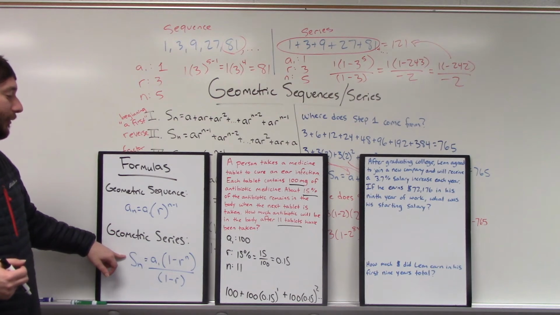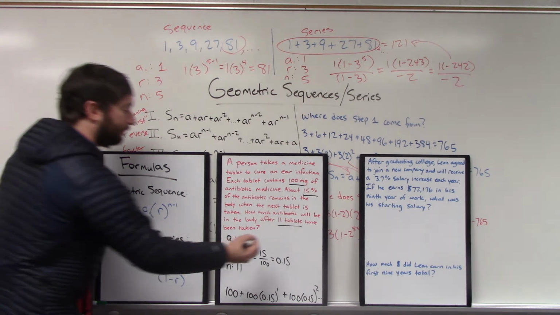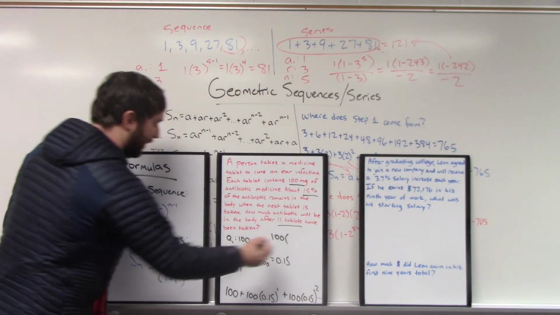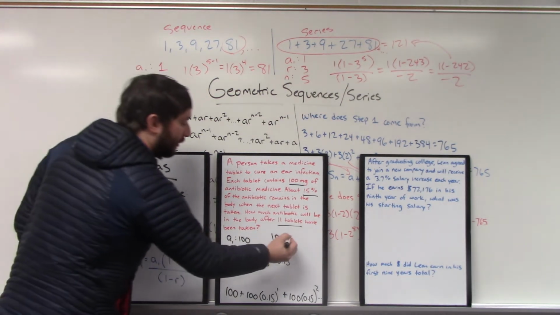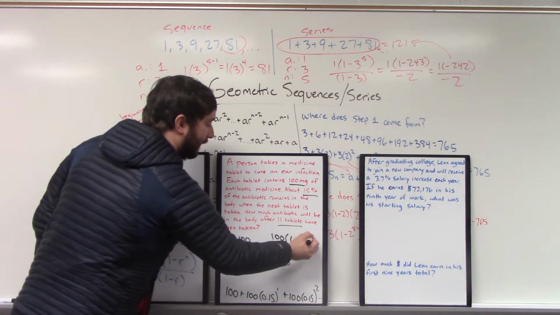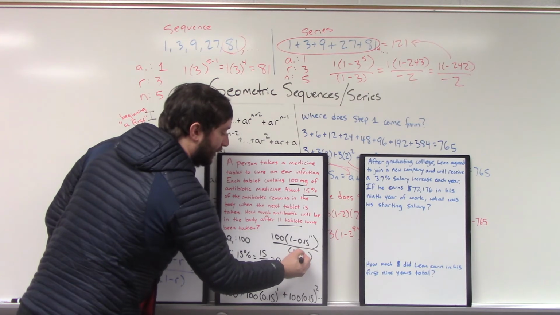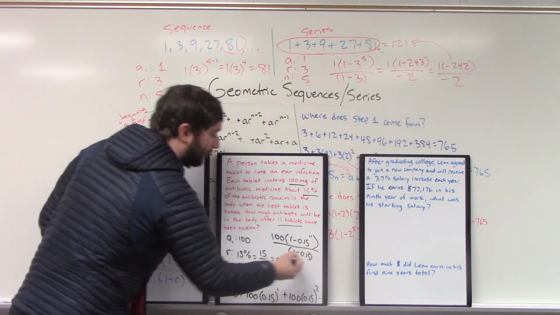We're using this formula, and that means we're going to take 100 times 1 minus r, so 1 minus 0.15 to the power of 11. Don't forget to put your denominator in parentheses, and again, that's 1 minus r, okay?